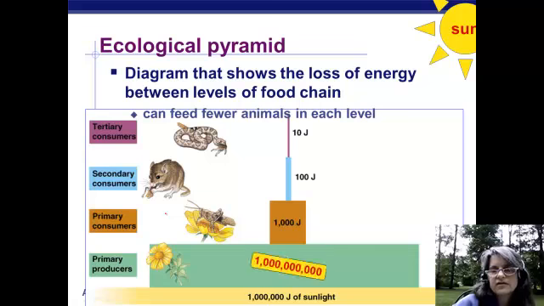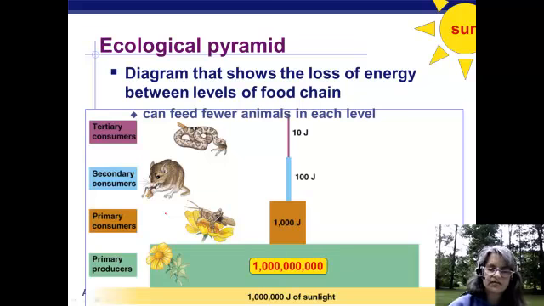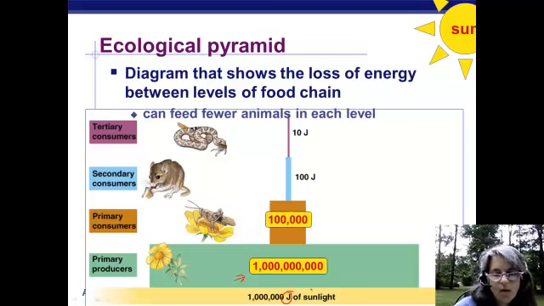if you look, here's our energy from the sun. The producers, let's say, they get a perfect 1 million joules, or calories. It's an energy unit of sunlight. Okay? Well, only 100,000 of those energy units would be passed up to the next level, to the grasshoppers, and only 100 of those units would be passed up to the next level, the secondary consumers, and only 1 of those units would be passed up to the next level, the carnivores.